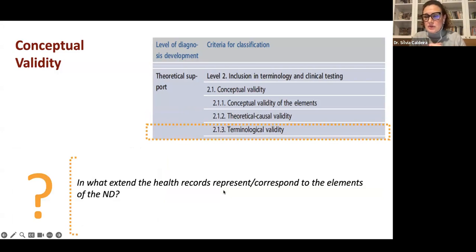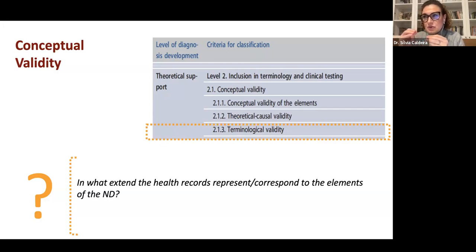When we go to number 3, we have this main question. To what extent do health records represent or correspond to the elements of nursing diagnosis? And this is very interesting because we are moving to clinical data, I would say.